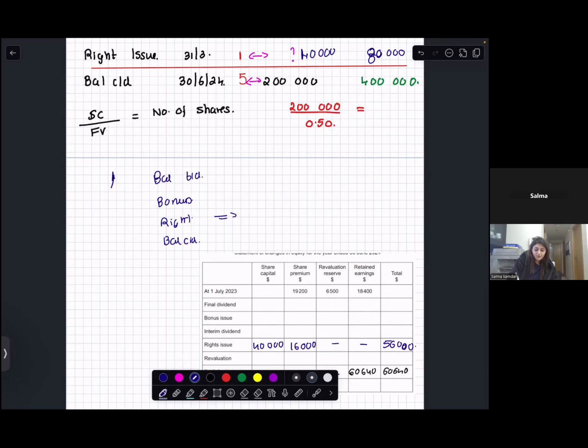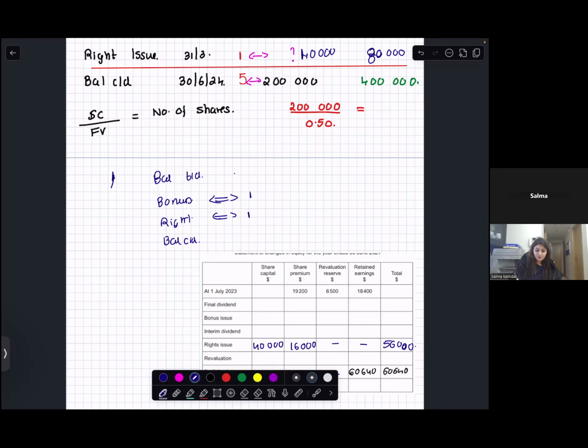Right issue is one ordinary share that I'm going to give. Bonus will be one ordinary share that I'm going to give. So opening balance would be how much?